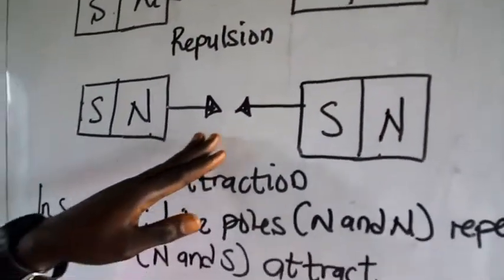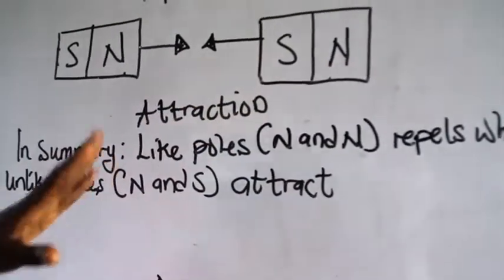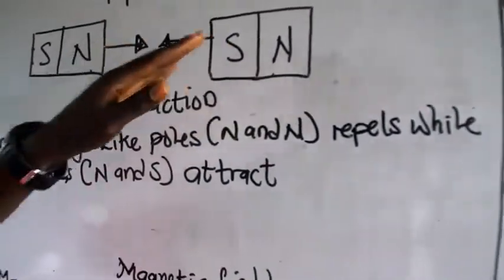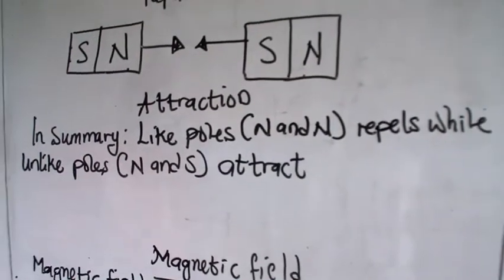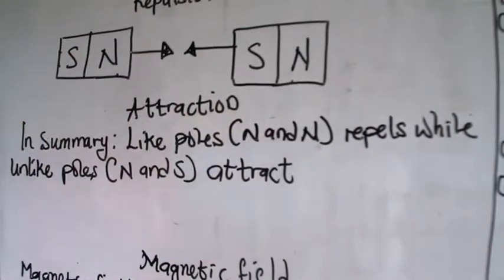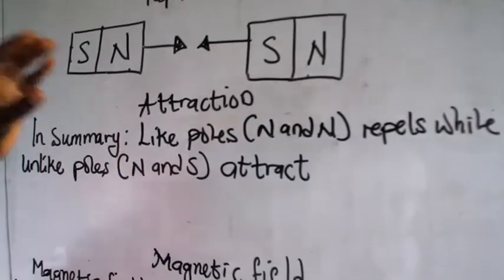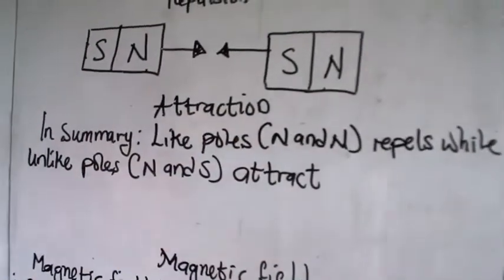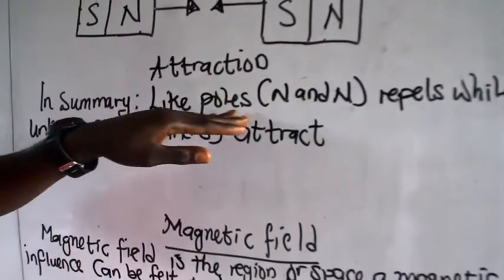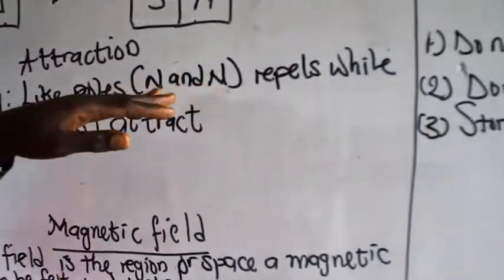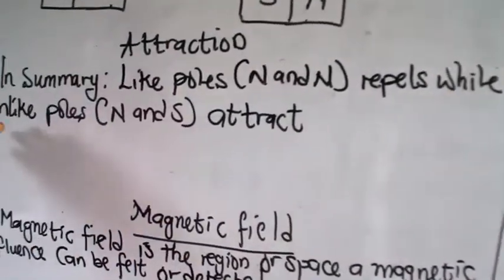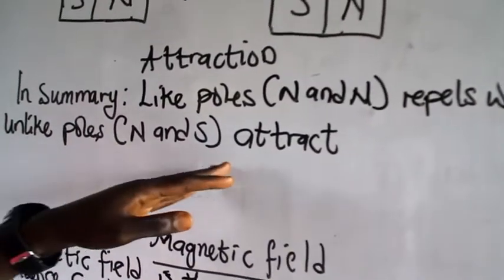Then when the poles are not the same, unlike poles, north and south poles, they will attract. The force has attracted them together, and we call it attraction. So in summary, like poles, that is north and north or south and south, repel, while unlike poles attract.